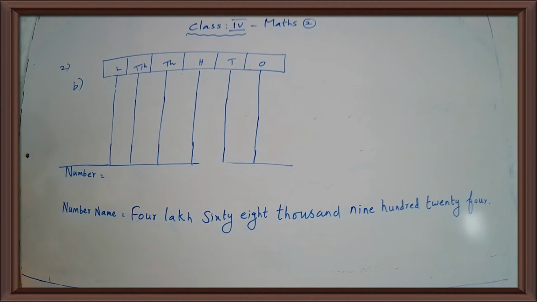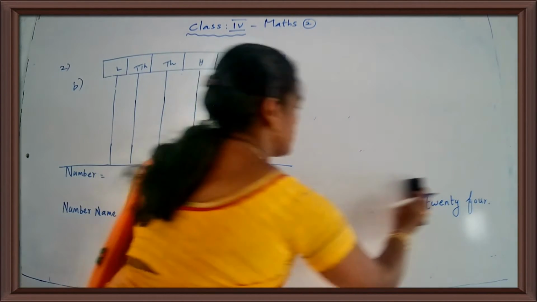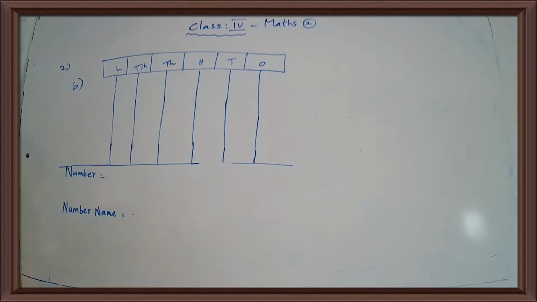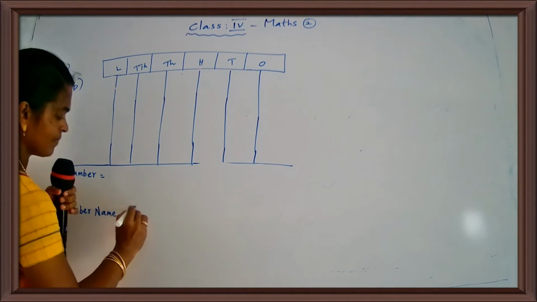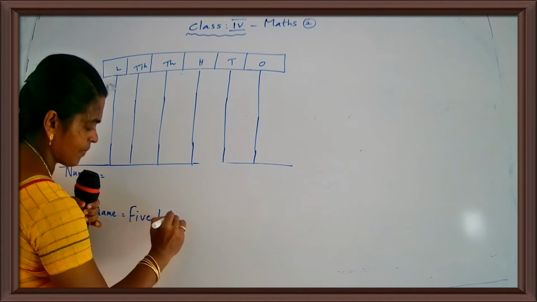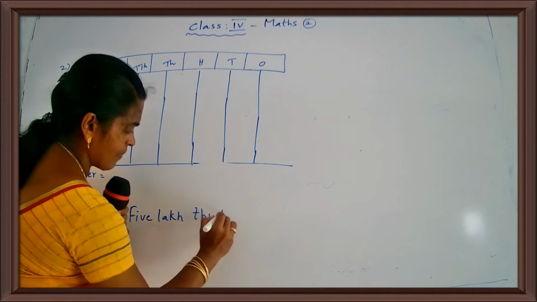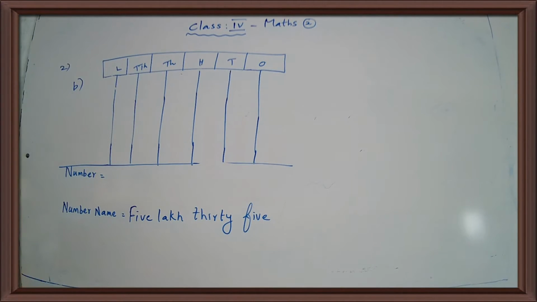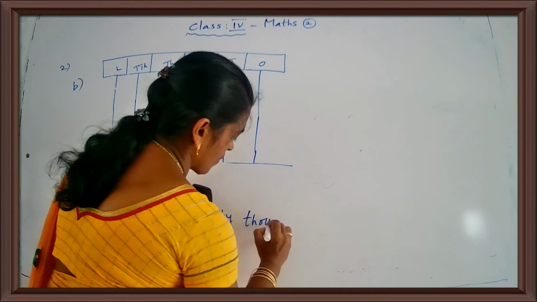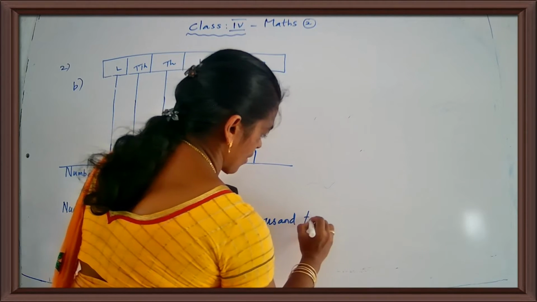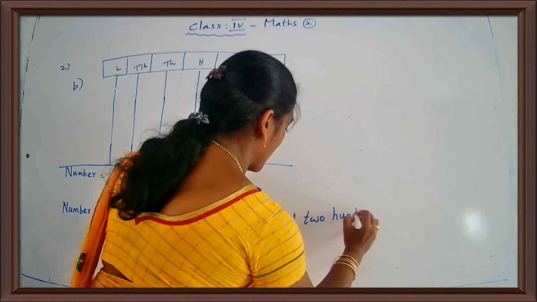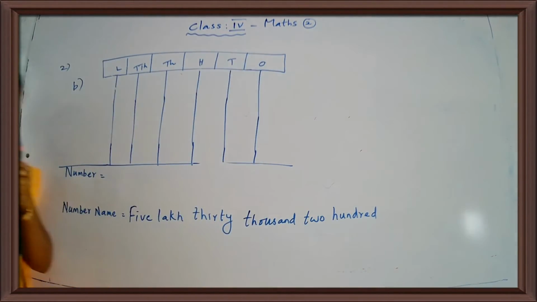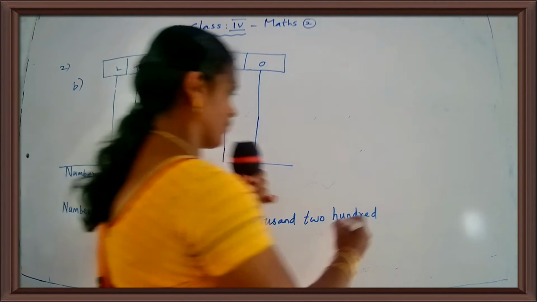Number name is given. Okay? So your number name is 5 lakh 30,265.